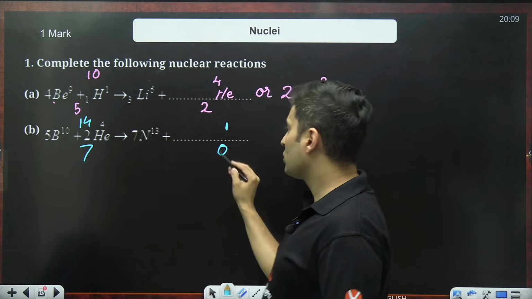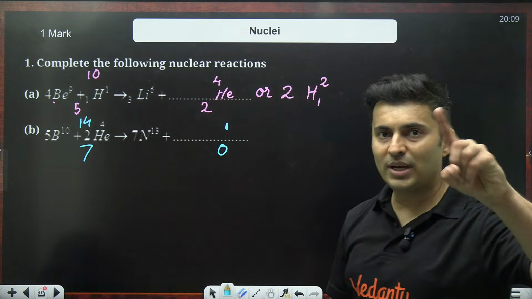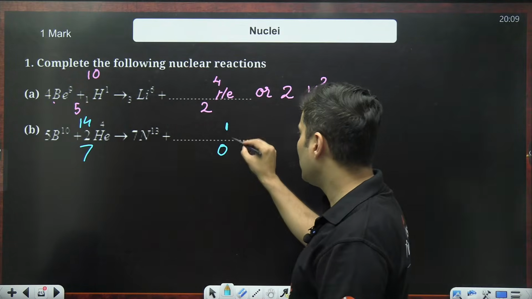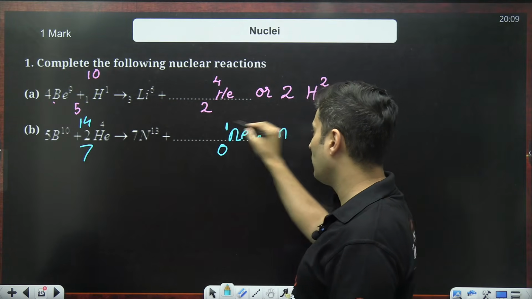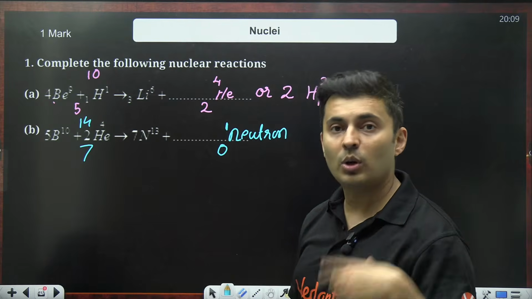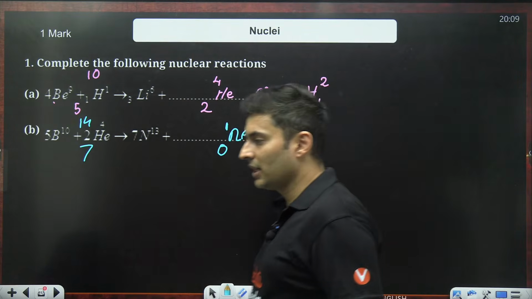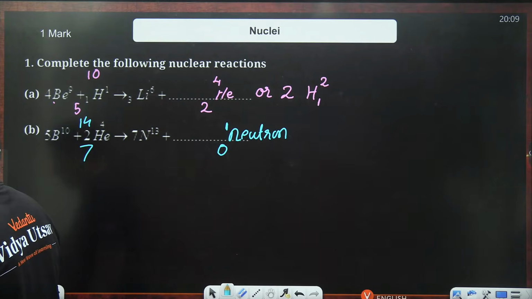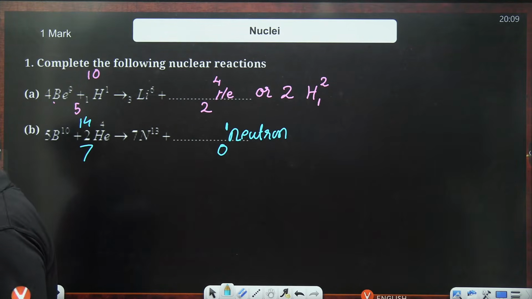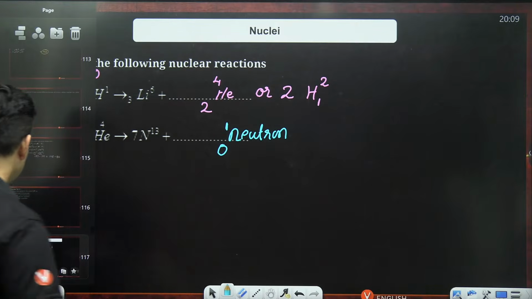So 0. So charge wise 0, mass wise 1. That is only possible for neutron. So neutron has a mass number of 1, but atomic number of 0. So only neutron can come out over here. Yes, that is the answer. That's how you detect the particle. Okay, perfect. Awesome.